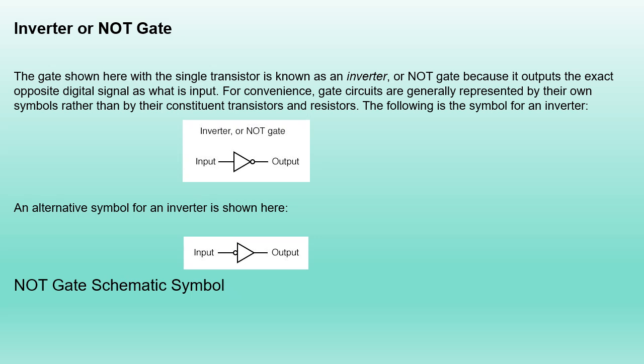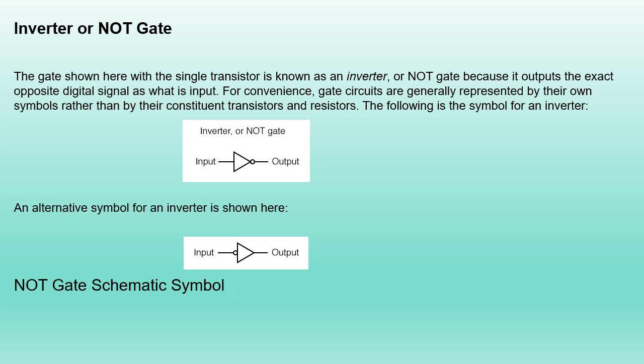The triangle shape resembles an amplifier symbol. The small bubble shows inversion. Without the bubble, the symbol would be a buffer instead of an inverter.